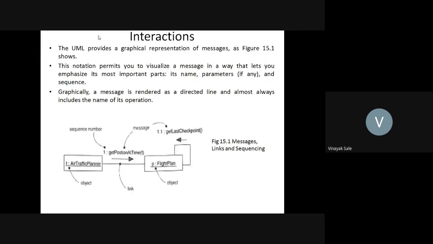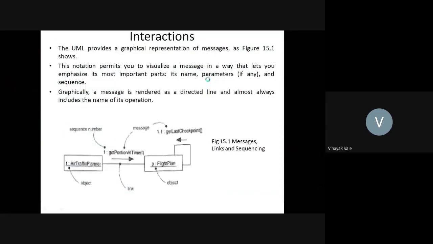The UML provides a graphical representation of a message, as shown in the figure. The notation lets you visualize a message in a way that emphasizes its most important parts: its name, parameters, and the sequence.